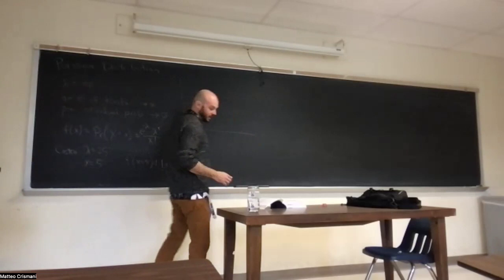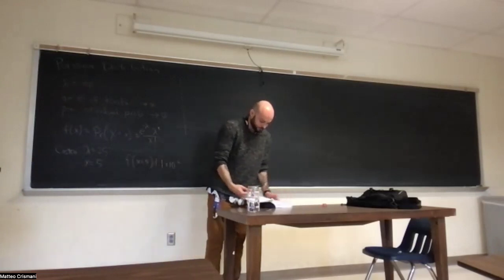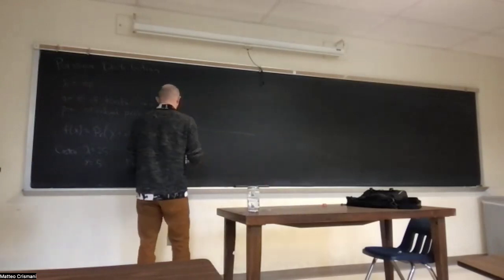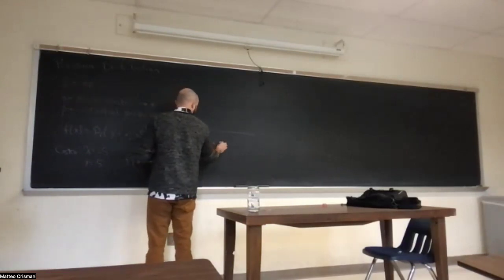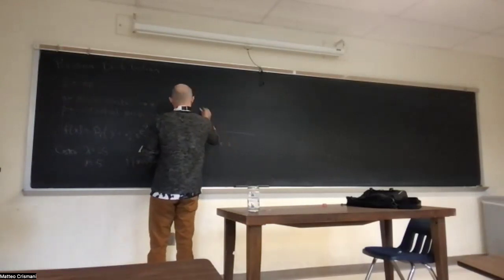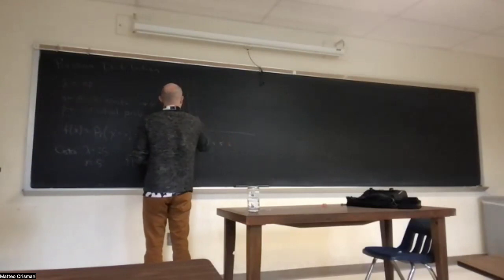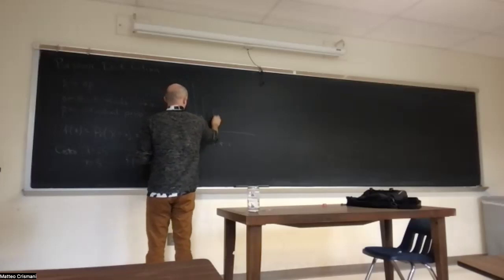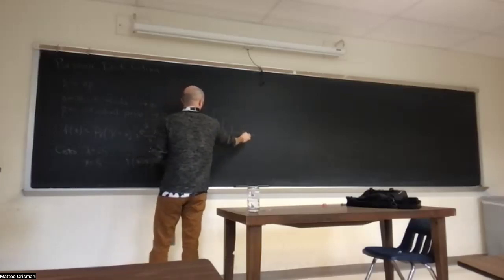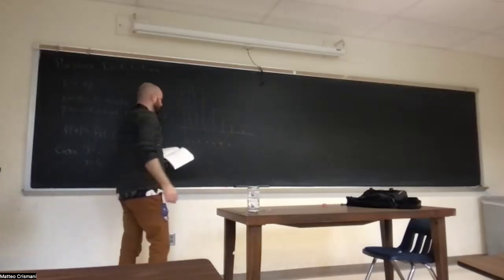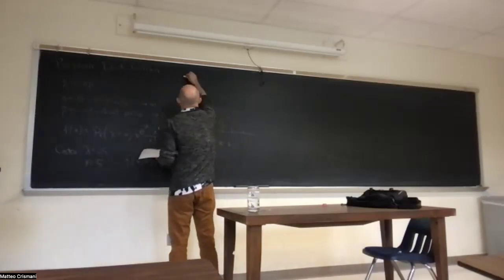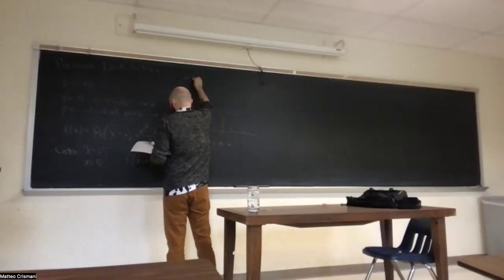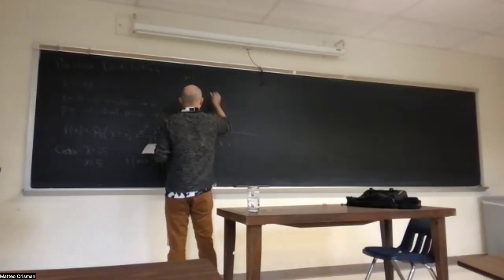So let me draw a couple different versions here. 0, 1, 2, 3. For lambda equals 1, it looks like this. It just keeps going down. Whereas if lambda equals 5, it's gonna shift.